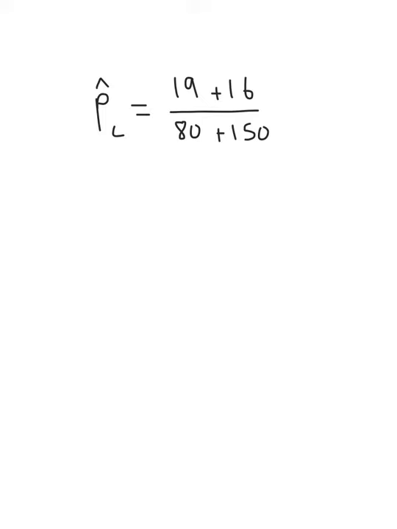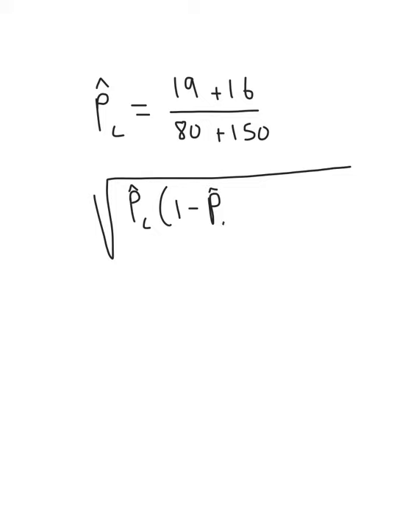And so here's what it looks like. Our new standard deviation is going to look like this. So it's this pooled data, right? And 1 minus that pooled stuff over the first population, right?